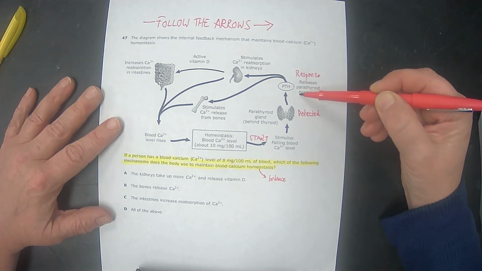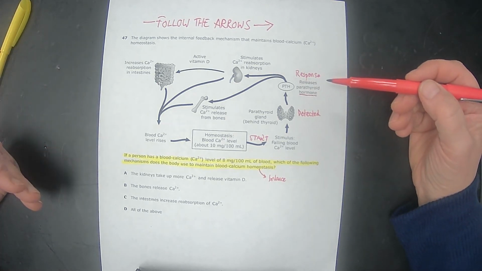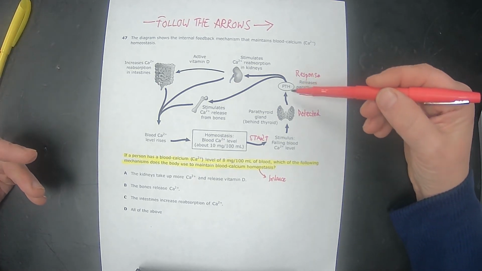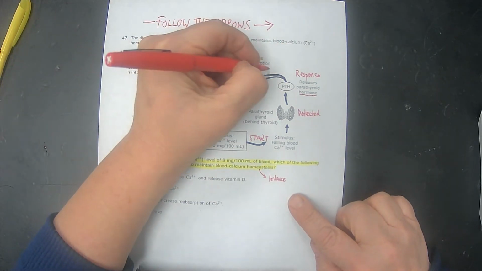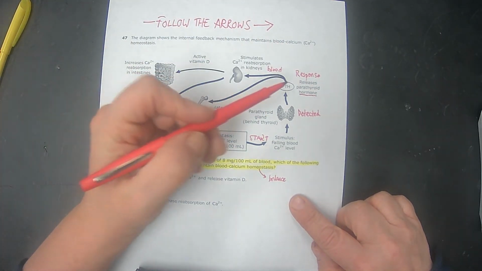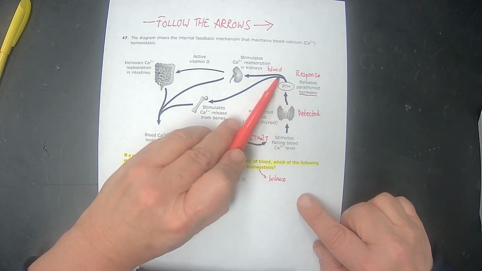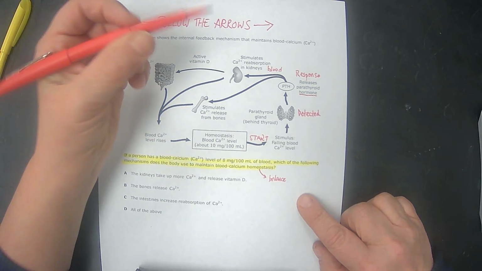Because it is a hormone, we know it is released in one part of the body and goes in the bloodstream to somewhere where it makes something happen. So in the case of PTH, follow the arrows, it takes me to the kidney.